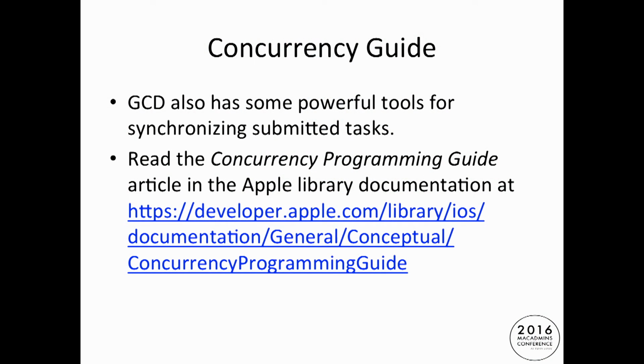So GCD has also some other powerful tools. And if you like, you could always go to developer.apple.com/library and look under Concurrency Programming Guide. That will help you a lot if you want to continue doing more work with high-performance computing and Swift.